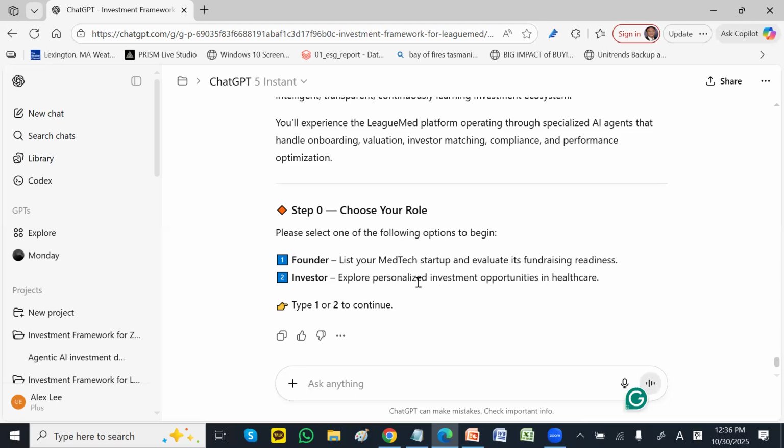You can run it as a startup evaluating its fundraising readiness, since for a medtech startup the relationship with the fundraiser is very important, or as an investor, like a retail investor in crowdfunding. So you can run either side. I will show you just one side, for example, the investor.